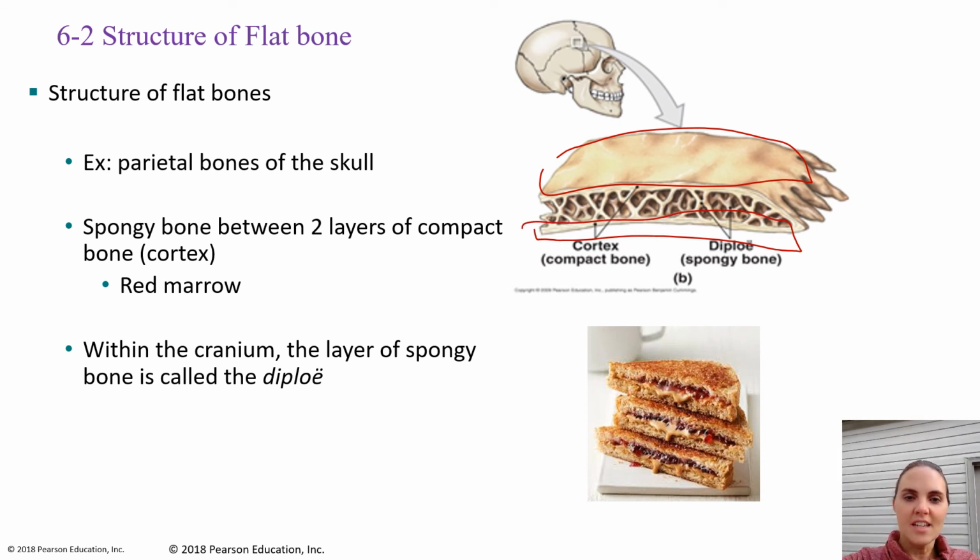And then the meat, or peanut butter, depending on your type of sandwich, in between those 2 slices of compact bone bread, is made up of spongy bone, as we saw in the epiphysis of the long bone, and it's sometimes called the diplo.